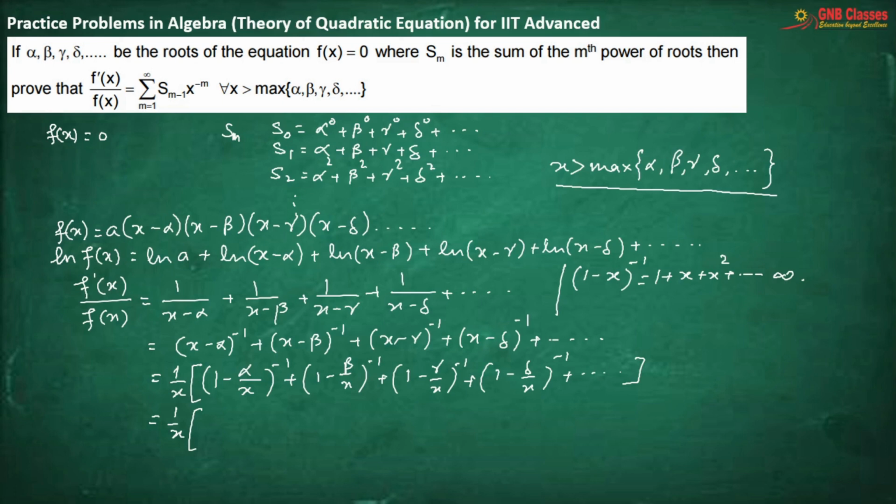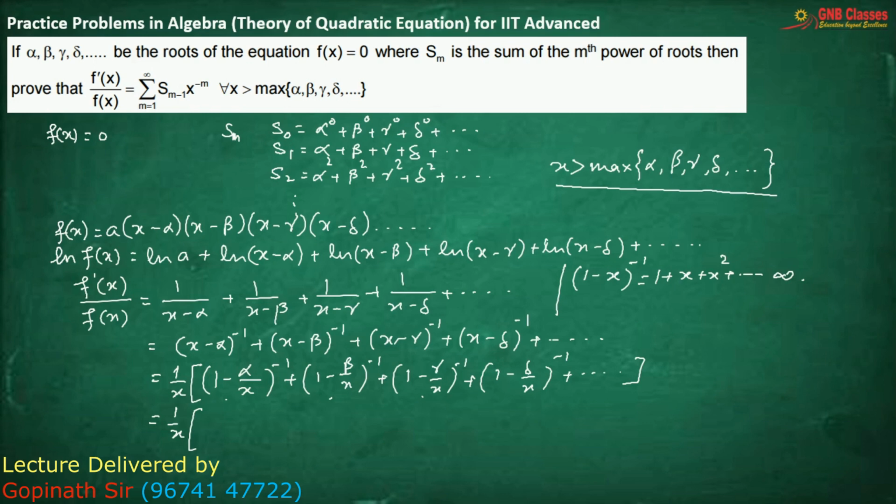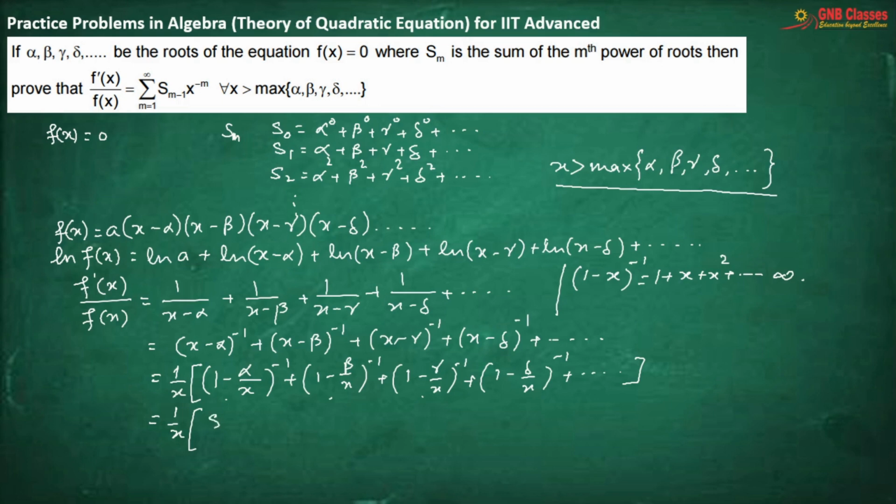From the first we will get 1, from the second you will get 1, from the third you will get 1, and so on. So we can write this as alpha to the power 0, because alpha to the power 0 is 1, then beta to the power 0, then gamma to the power 0, then delta to the power 0, and so on. So this can be written as S_0 directly. Have you understood this? Why? Because as I told you, S_0 is nothing but the sum of the given roots to the power 0.